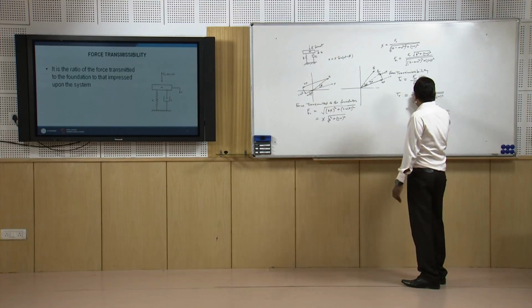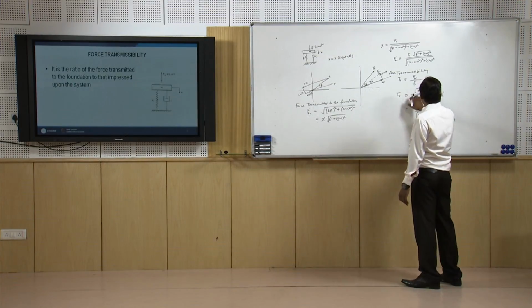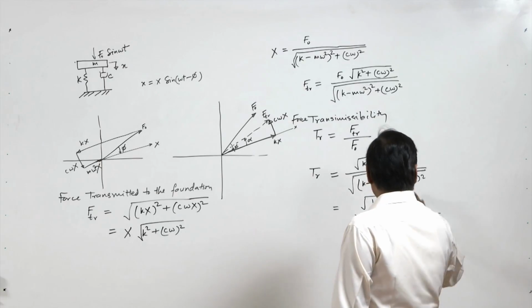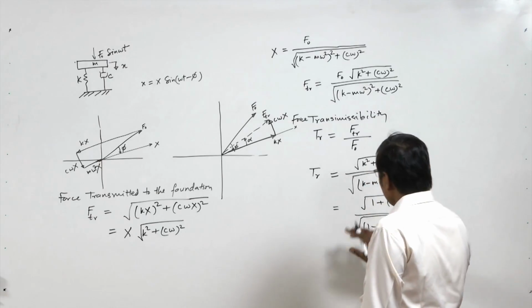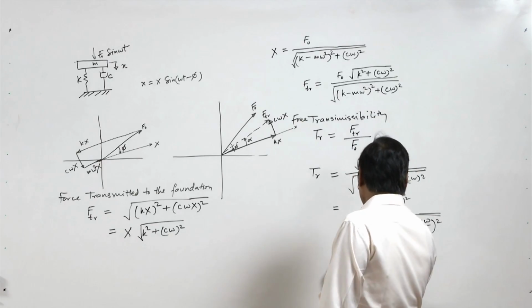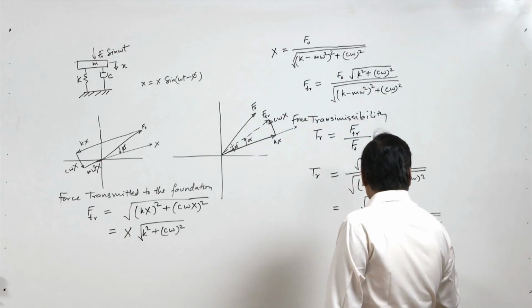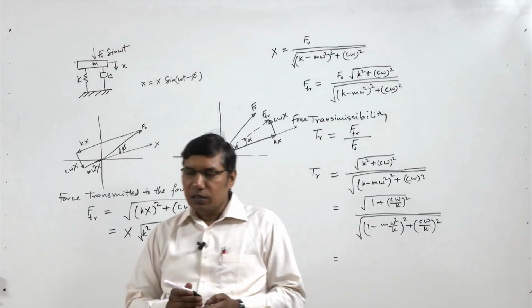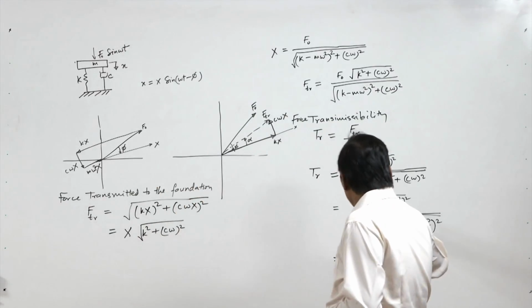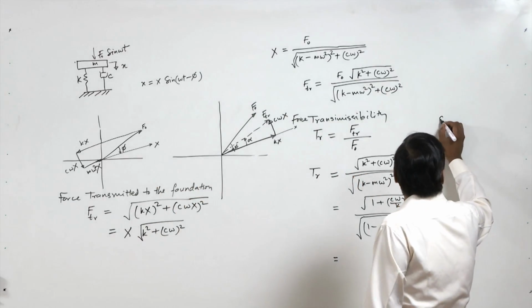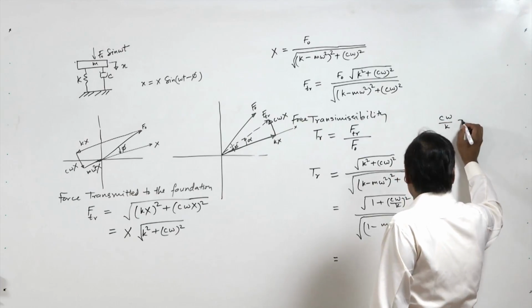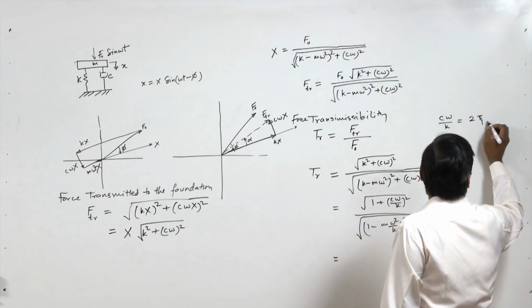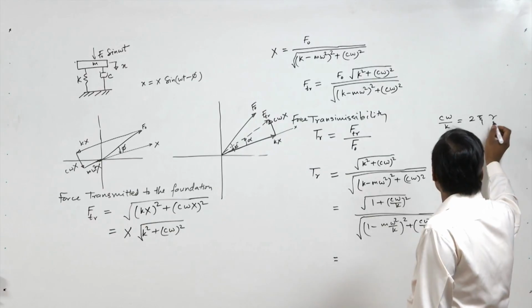So I take k outside, also here, so they will cancel out. Because c omega by k we already know is equal to 2 zeta r, and zeta is c by cc.